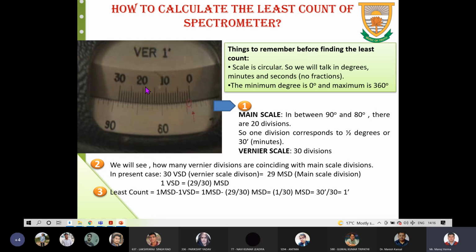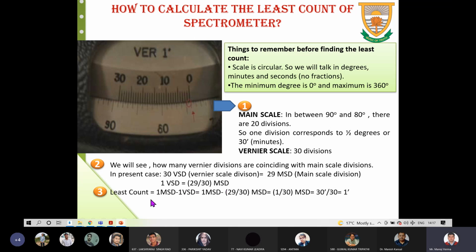And you can see above, you have 30 divisions on your vernier scale. If you look carefully, the 30th VSD will coincide with the 29th MSD, 29 main scale divisions. So one vernier scale division is equal to 29 divided by 30 main scale division.